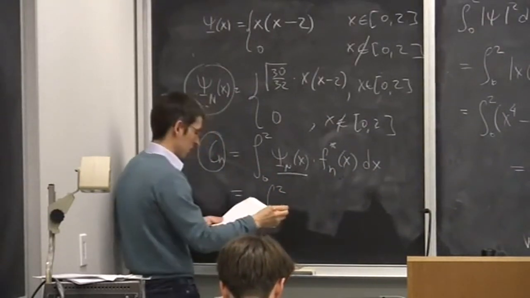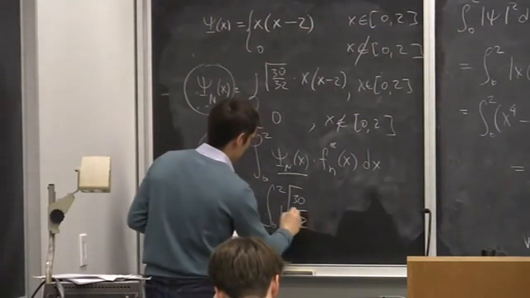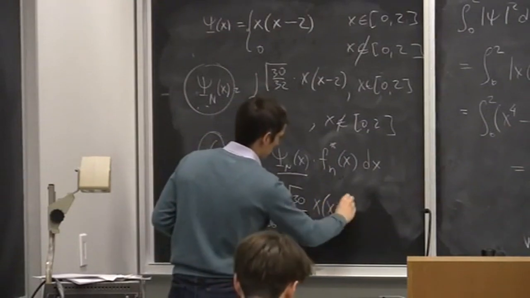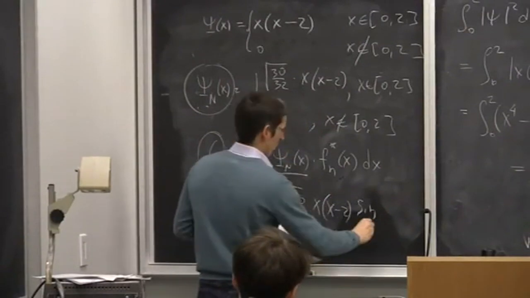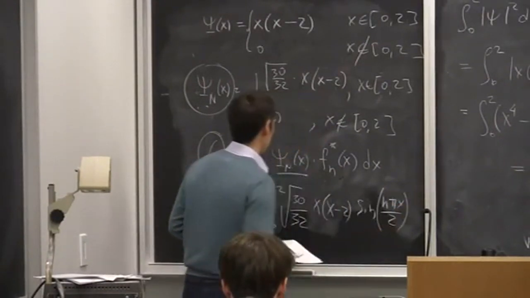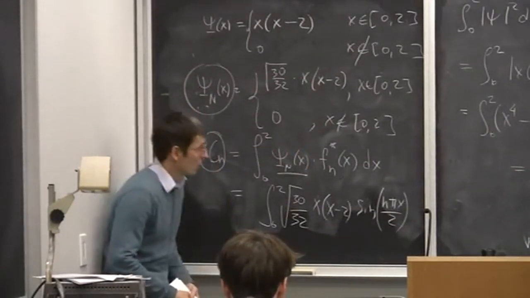So let me write down the integral: square root of 30 divided by 32, (x minus 2), and then sine of n pi x divided by 2. Right? So this integral is a number.